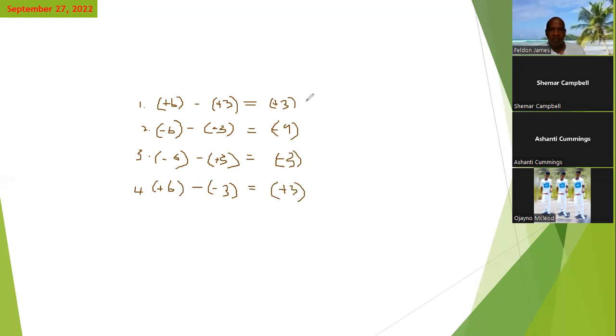So this one is correct. This one is wrong. This one is wrong. And this one is also wrong.